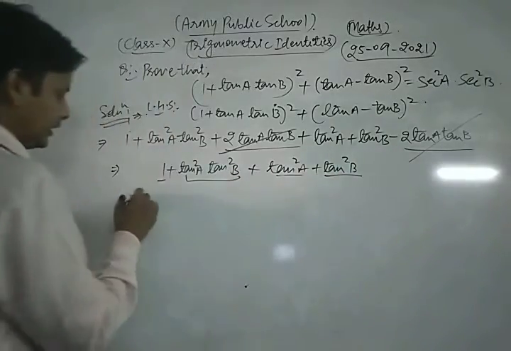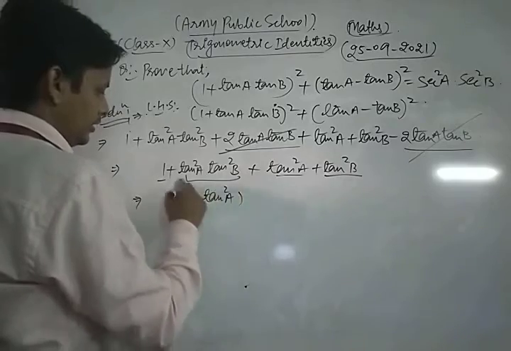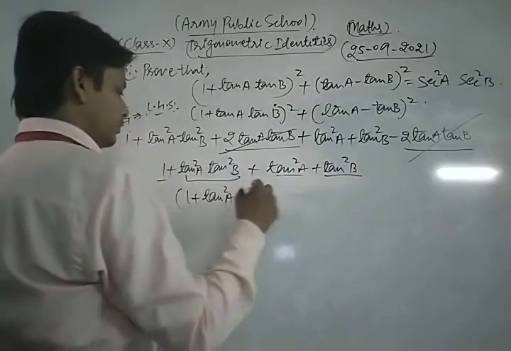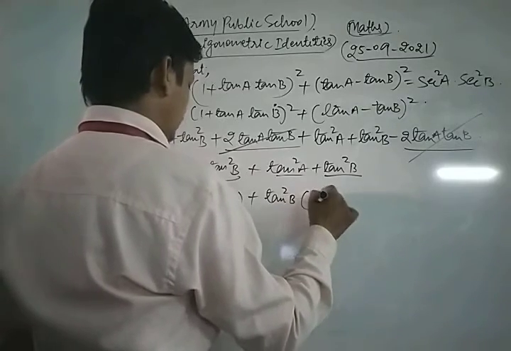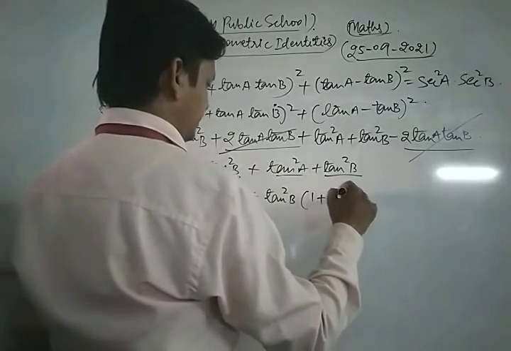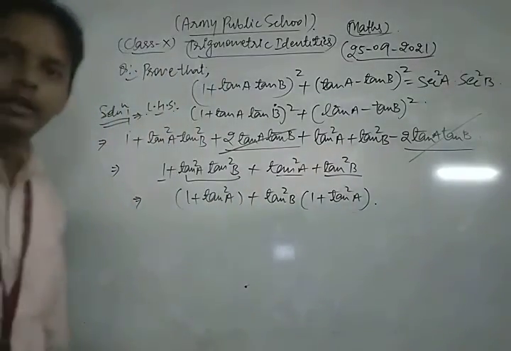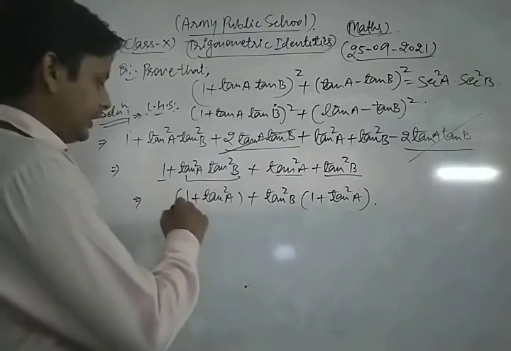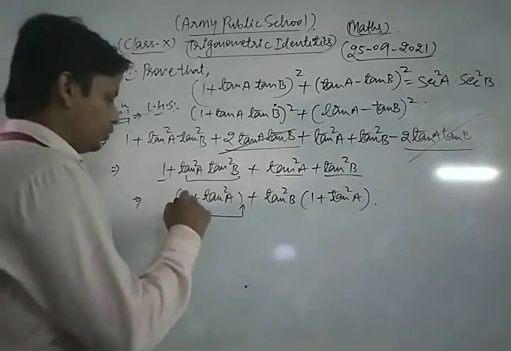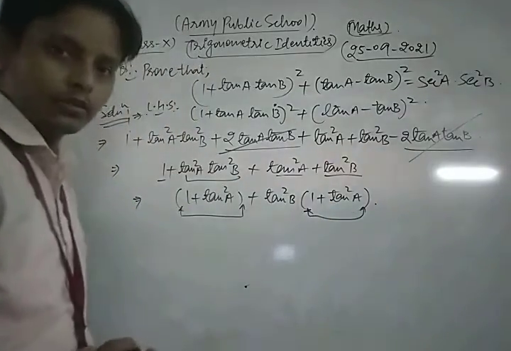So we can write 1 + tan²a plus, from these two terms we take tan²b as common, so we get 1 + tan²a. Now look, dear students, again we take 1 + tan²a as common.